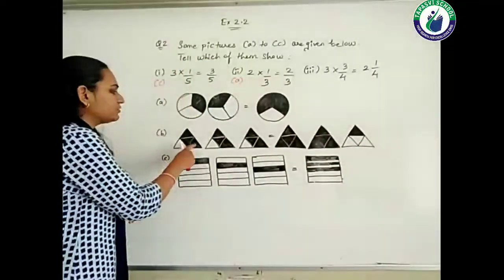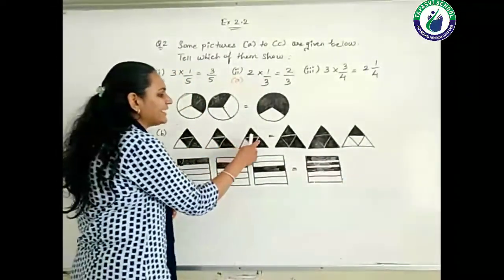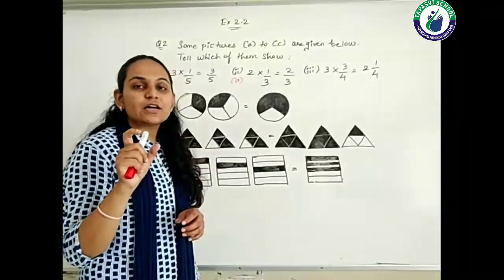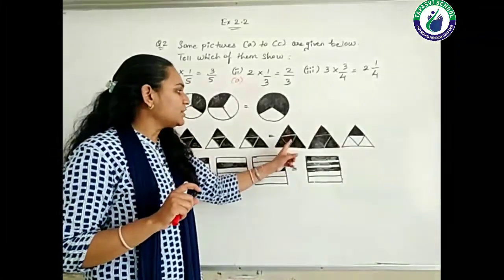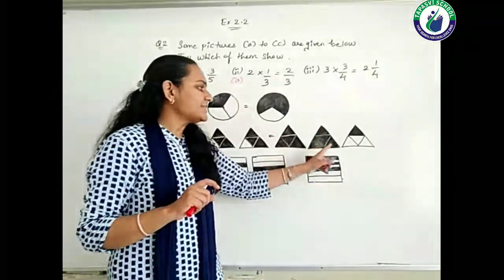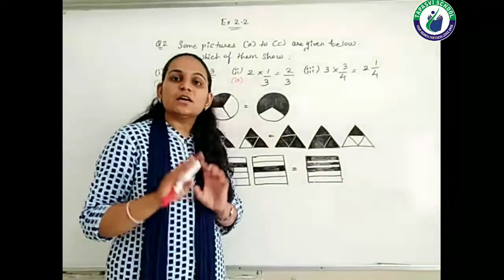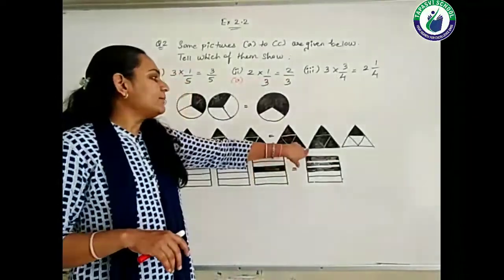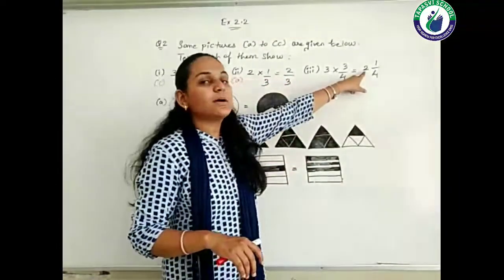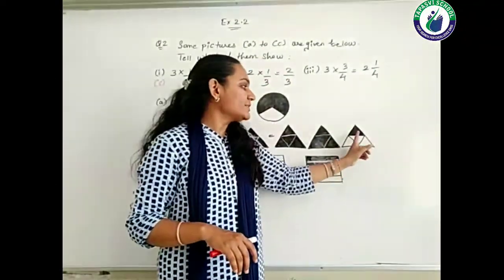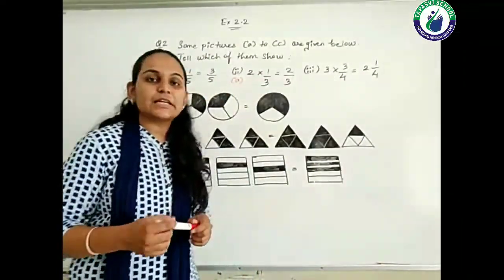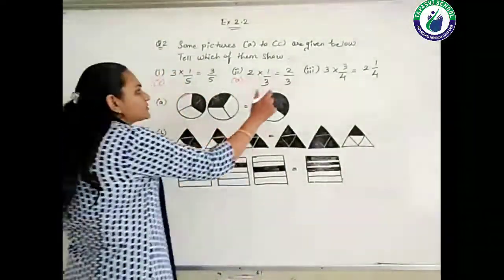See, 1, 2, 3, 4, 5, 6, 7, 8, 9. So total 9 triangles are shaded. 8 are there, still one is pending. So 2 complete and 1 upon 4. Is it clear? So the answer for the third one, students, is B.